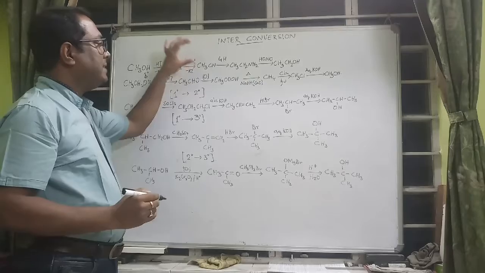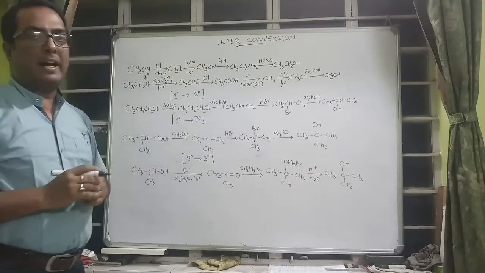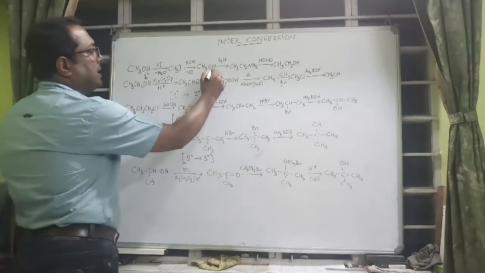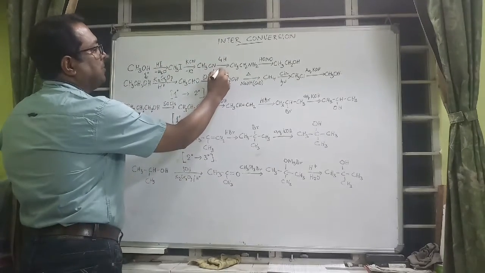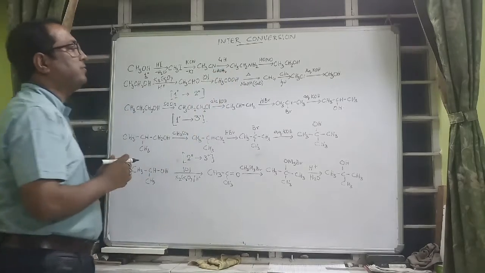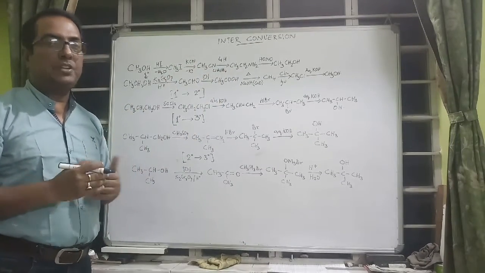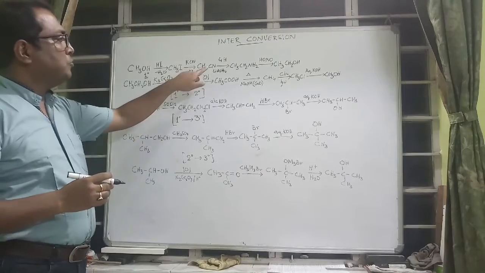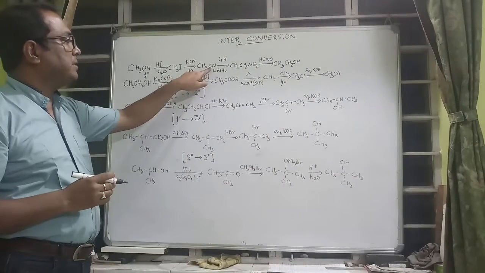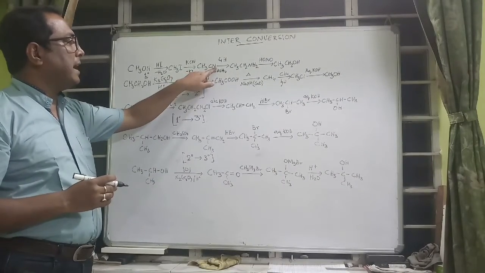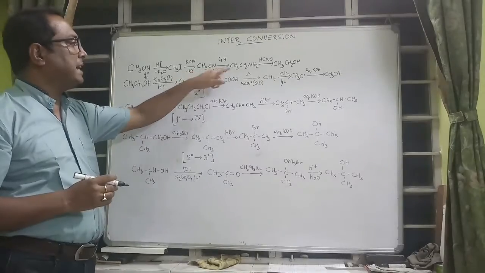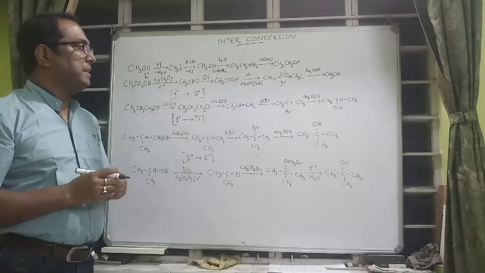This methyl cyanide reacts with hydrogen. Usually we take lithium aluminum hydride, LiAlH4. They are the supplier of hydrogen, so you can understand it is a reduction process where two hydrogens come and unite with carbon and two hydrogens come and unite with nitrogen to form amine.